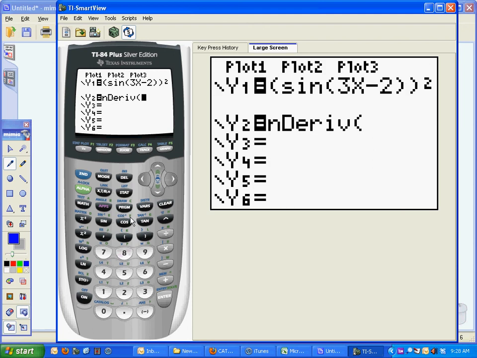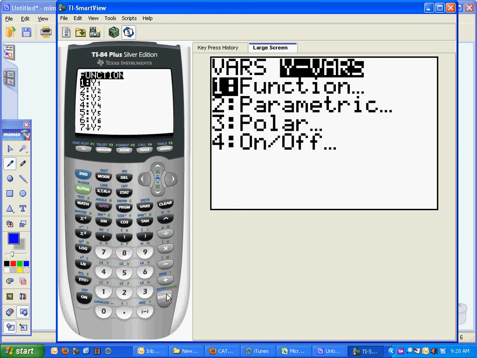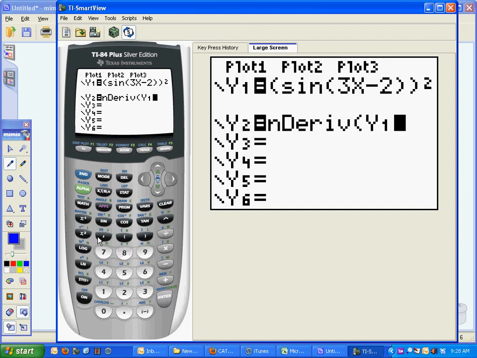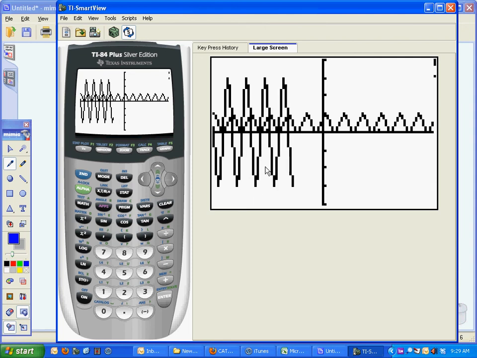I want that function, so instead of typing that whole thing again, I'm just going to use y1. And then we have to put the x in, and then instead of putting a number in, we're going to put another x since we want it to do it for all values of x. And we'll graph that. Okay, there's the first function, the little humps here, and then here's the second function. Also humps, but they're much taller, because now it's graphing the slope. Now the slope might be steeper than the actual value of the function.